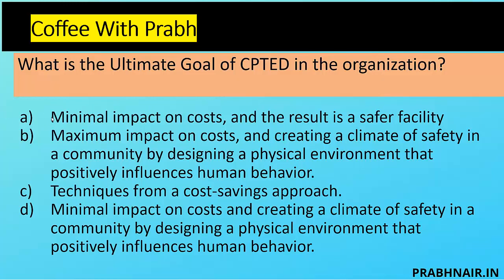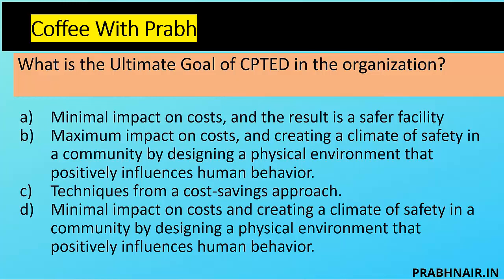So option A is minimal impact on cost and result in a safer facility. That is true because we need to provide a safer environment for my employees. Like we have limited cabins, because with too many cabins there is a possibility of fights. Option B, maximum impact on cost. Definitely CPTED was not introduced with maximum impact on cost.